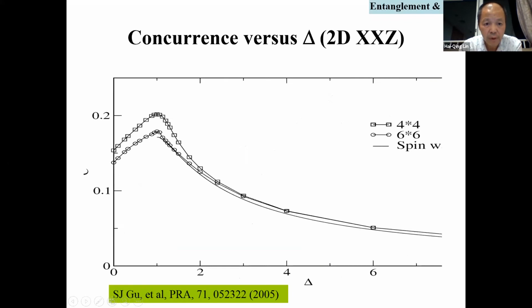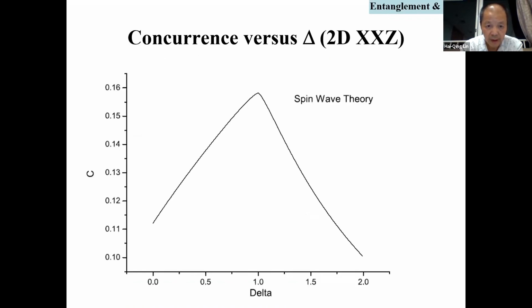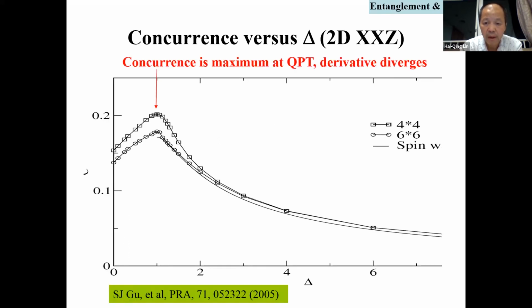However, if you go to 2 dimensions, you find that the concurrence is not analytical at the antiferromagnetic Heisenberg point. However, it is still maximal when the quantum phase transition occurs there. If you do spin wave theory, you will get the same answer. For 2D, we did exact diagonalization for 4x4 and 6x6 as compared to spin wave theory.